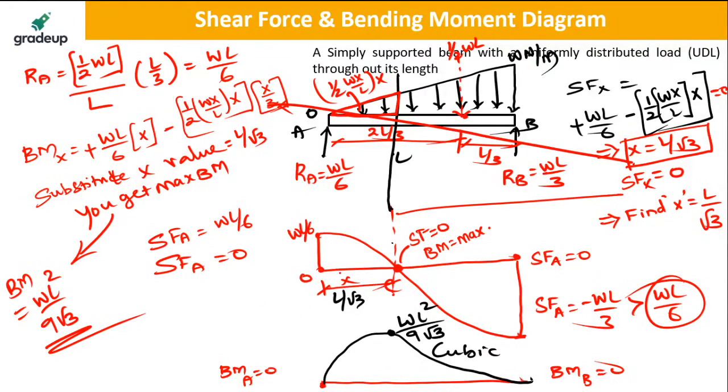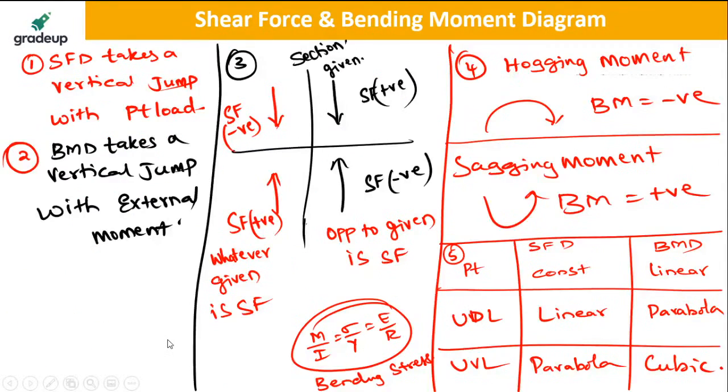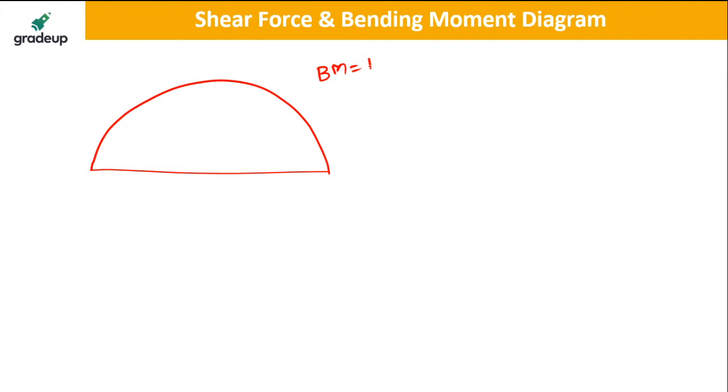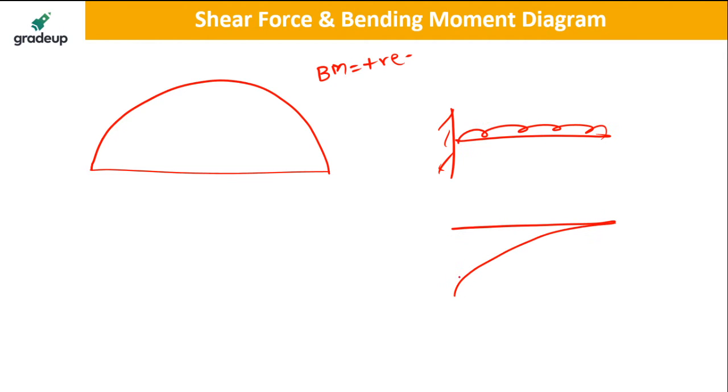If it is positive bending moment, then if the parabola is like this, you get the parabola like this, and in the cantilever beam with UDL, you get the bending moment in this way, right?